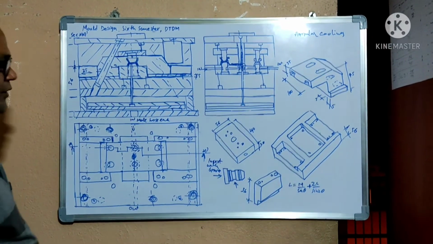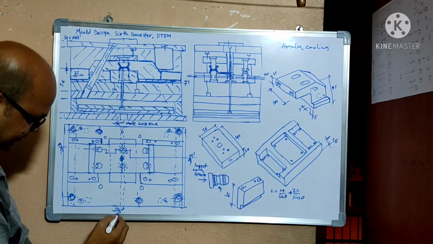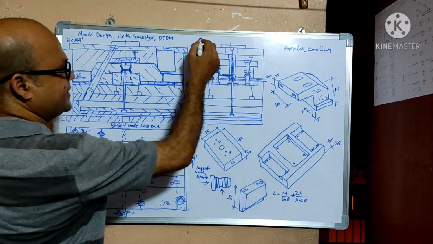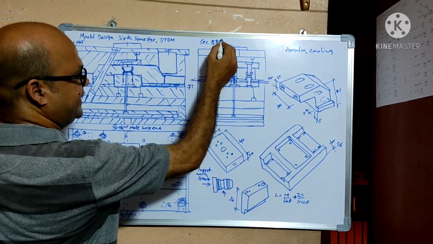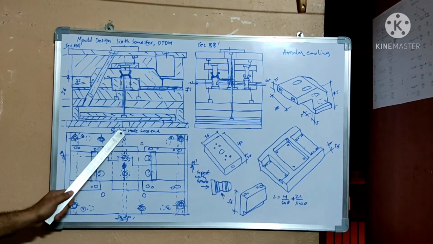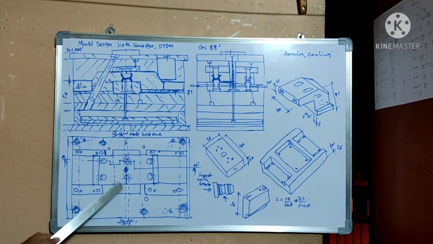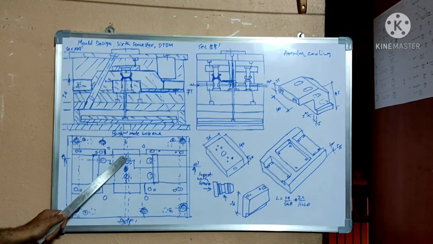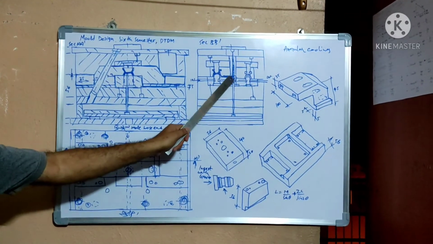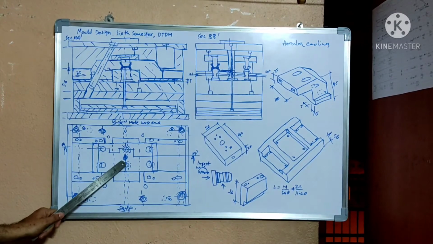Similarly, we have to get the section in the side view, section B dash. In this section you are observing two components: the water cooling circuit line, that is the annular cooling circuit line, along with the screw puller bush, and then the core insert cavity.